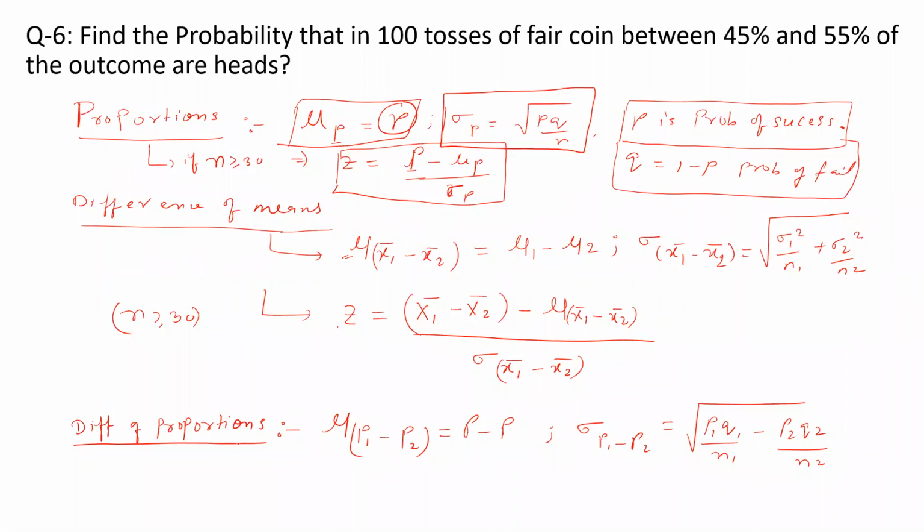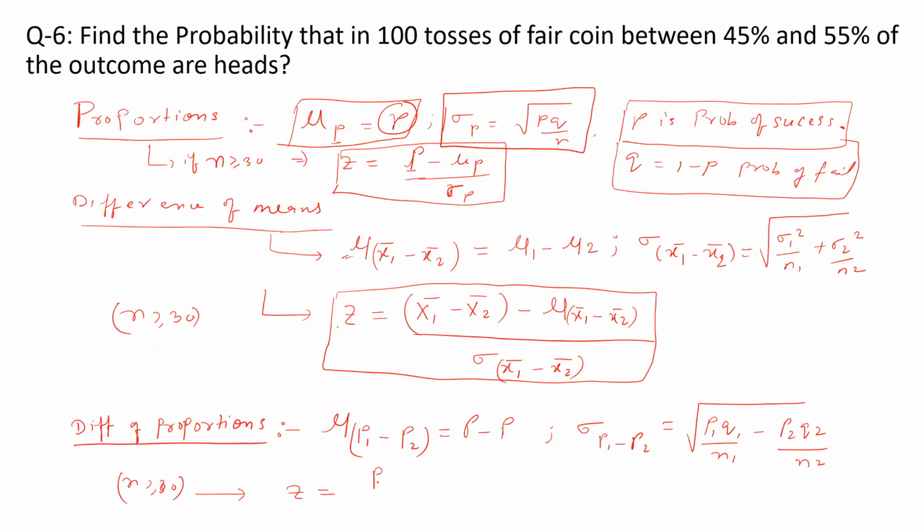Okay, and if the sample size exceeds more than 30 and we are finding the probability, then your standard normal variate for this will turn out to be similar to the difference of mean, but instead of x1 bar and x2 bar the proportions will be involved.